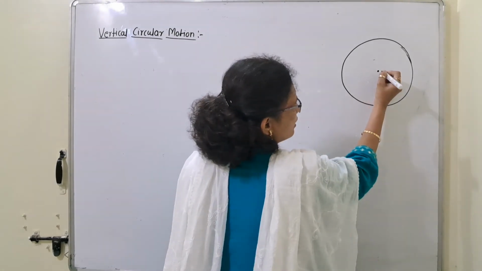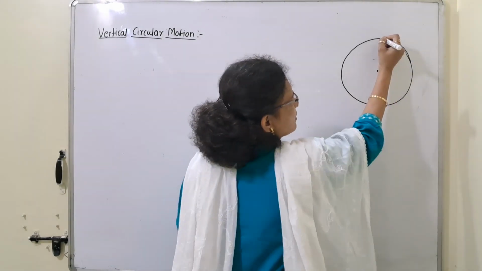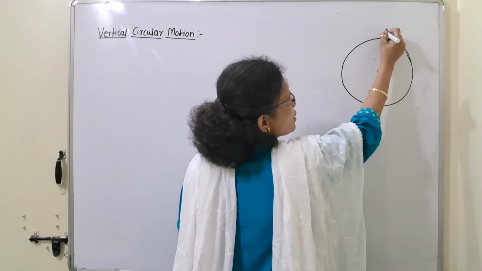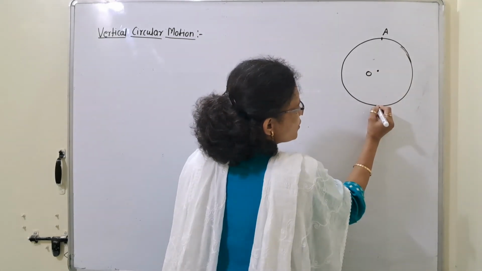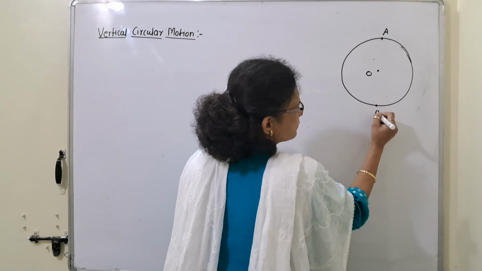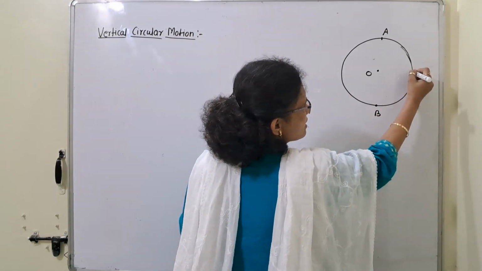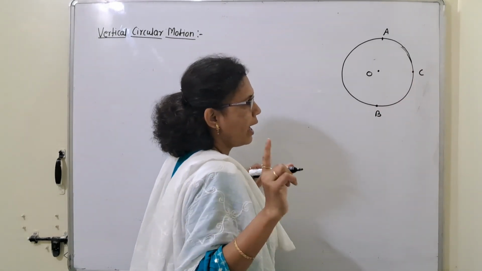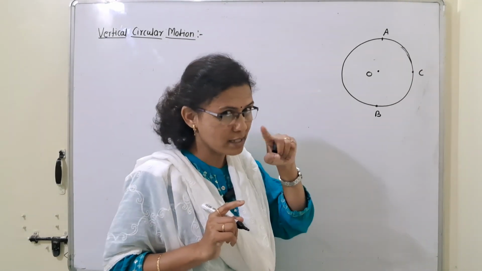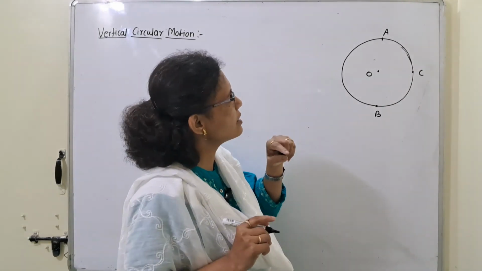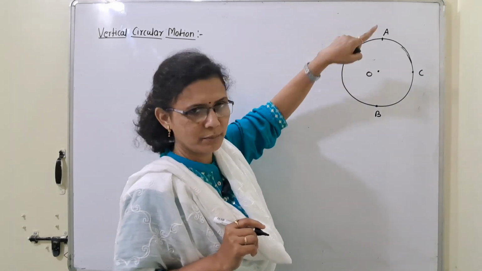This is the center of the circular path. Let this be the uppermost position A, center as O, lowermost position as B, and middle position as C. We have to derive the velocity at A, B and C, and also the formula for tension difference between A and B.